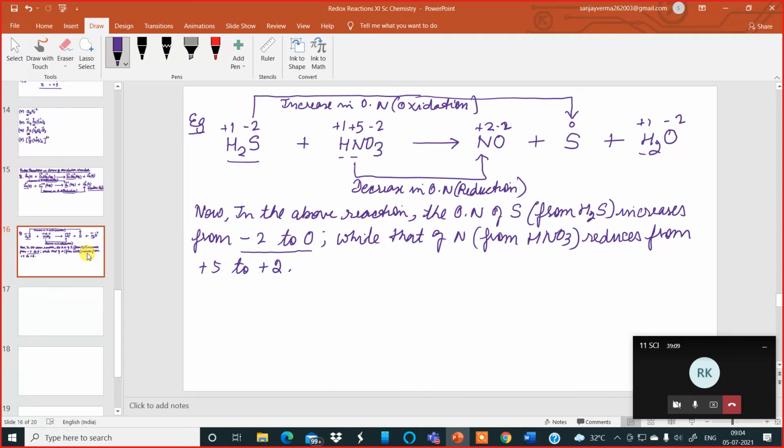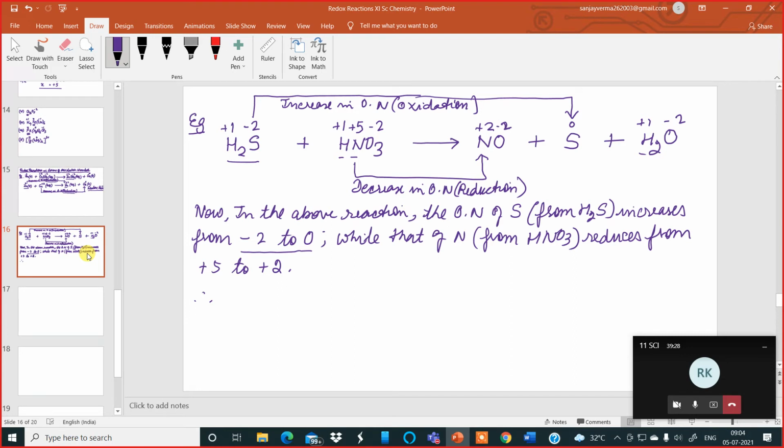I think this is clear. It is true also. The oxidation number of nitrogen is reducing from plus 5 to plus 2. Okay, so this is reduction. Therefore, now I can say, hydrogen sulfide is undergoing oxidation.